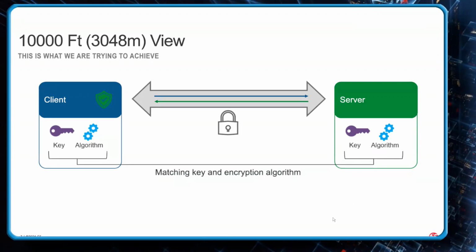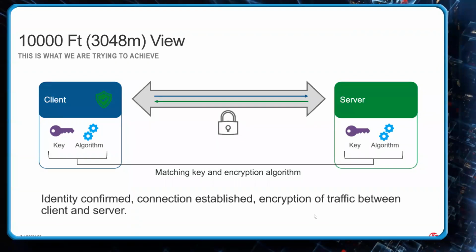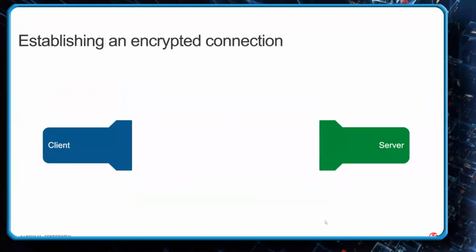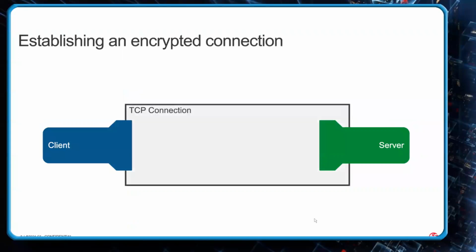Now, nearly all of the complicated, computationally expensive parts of TLS have to do with getting to this point. So in terms of establishing an encrypted connection, how do we get there? Well, first we need to have the basic TCP connection, and that's equally true if the traffic is encrypted or unencrypted. The TCP connection exists either way, with the usual three-way handshake.